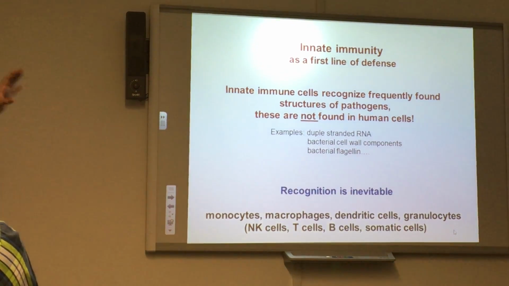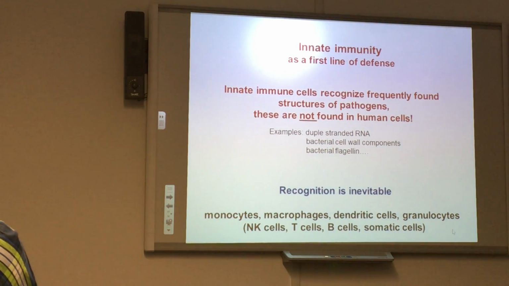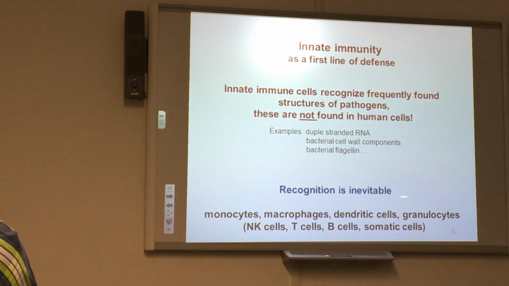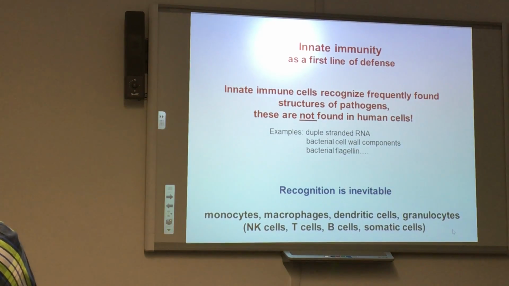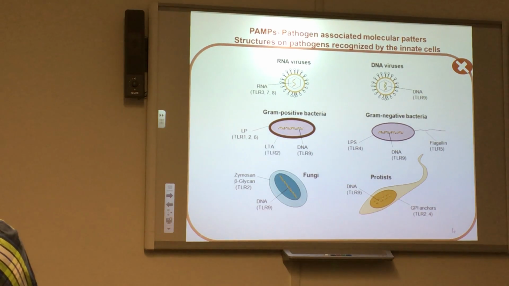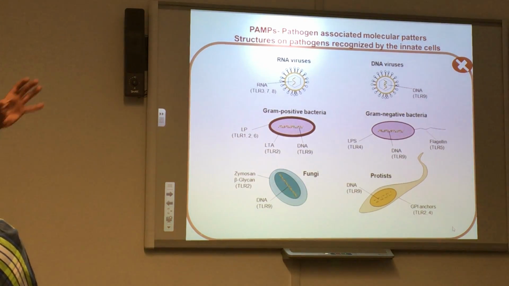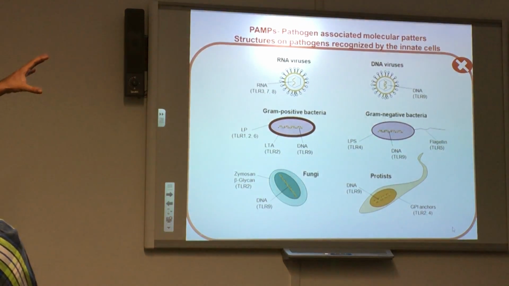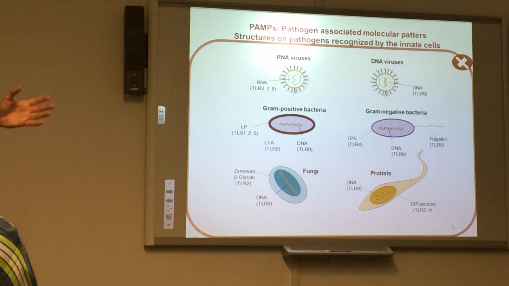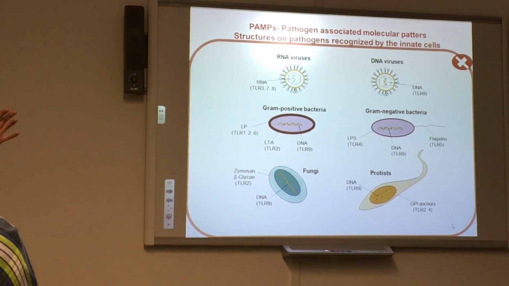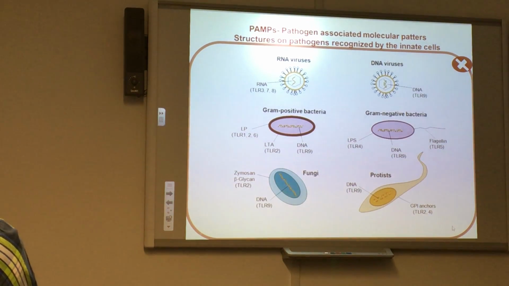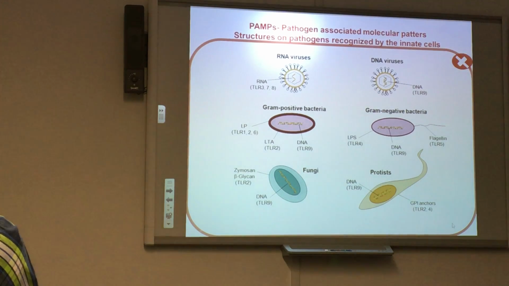Barcelona supporters will never wear that. One more very important sentence: the recognition is inevitable. Currently, all the microbes are recognized by this strategy, because viruses express double-stranded RNA, bacteria express flagellin, fungi express zymosan. You don't have to know everything, just one sentence: recognition is inevitable.